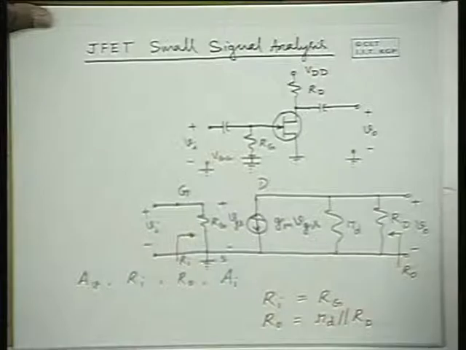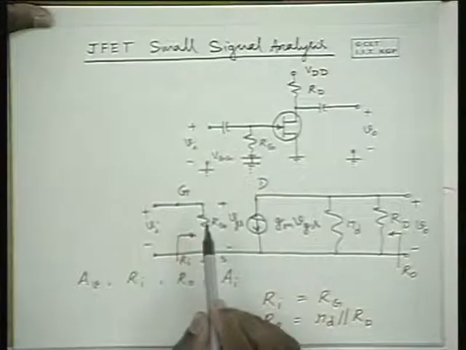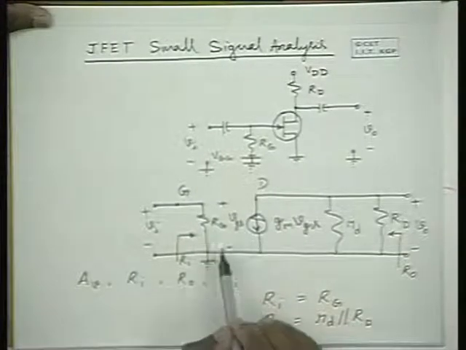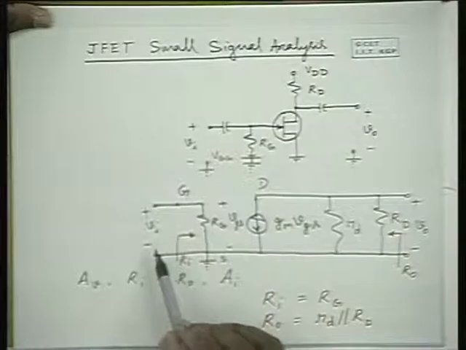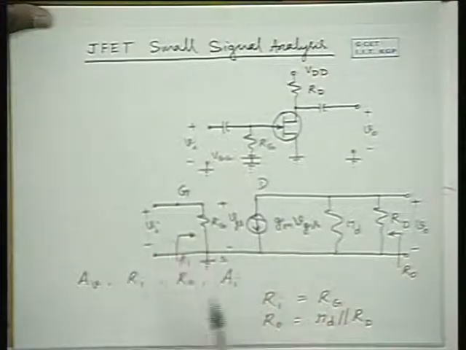Now if you look at this diagram, the AC equivalent circuit of the amplifier, VGS is equal to VI. VI is straight away applied between the gate and the source, therefore VGS is equal to VI itself.